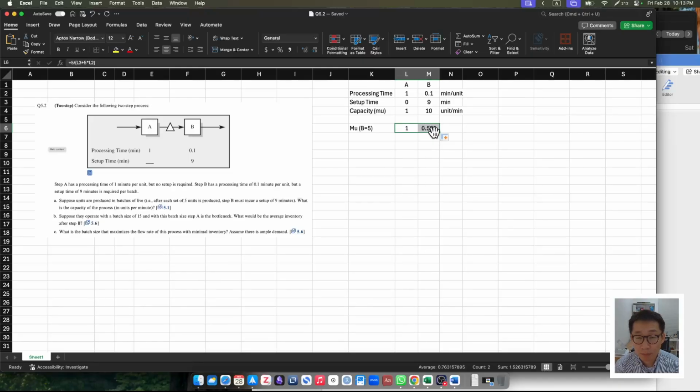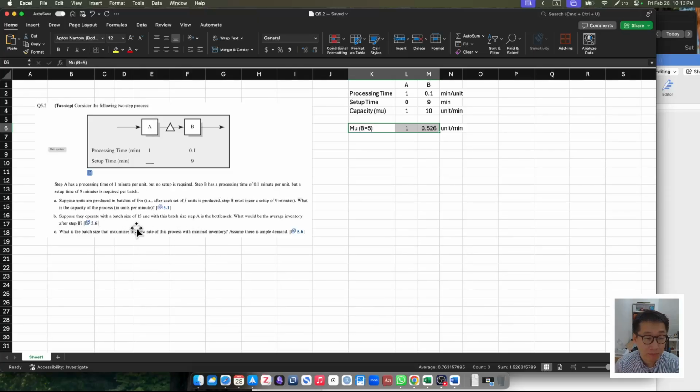As you can see, B, even though it's capable of making 10 per minute, because of this setup time, if you spread the setup time across all 5 units, your resulting capacity is going to be this much. It's much slower than A now. This is the result for the first problem.